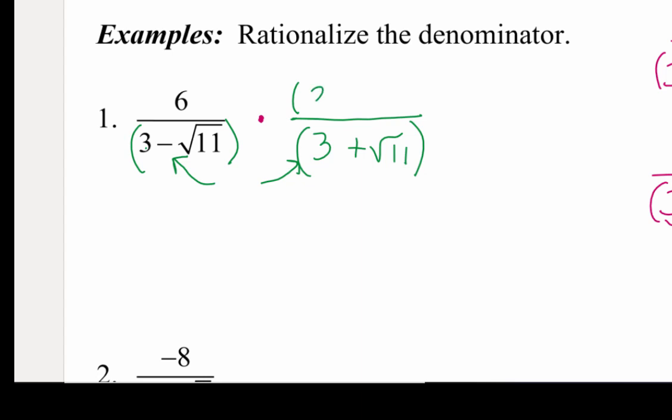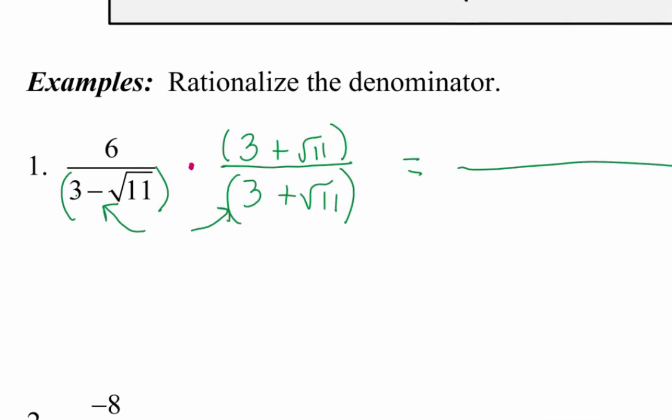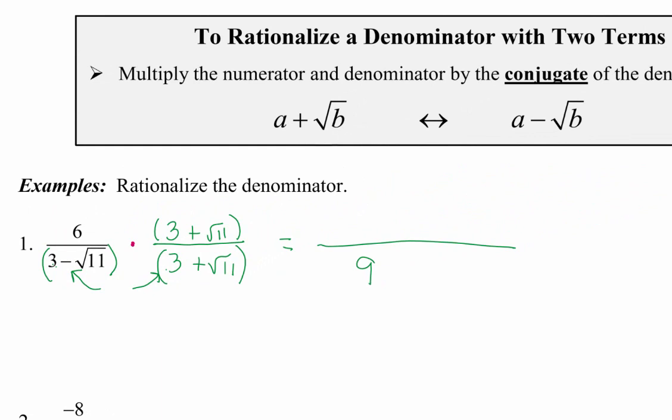And so again, whatever we do to the denominator of the fraction, we have to do to the numerator. And let's do that part. So our denominator, then we get 3 times 3 is 9. 3 times the positive square root of 11 is plus 3 square root 11.